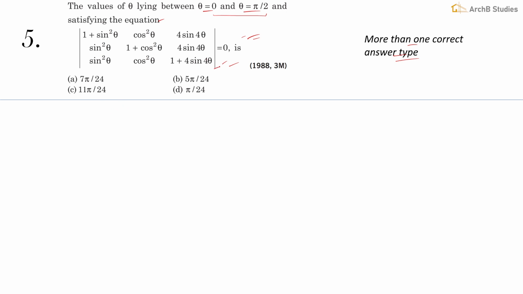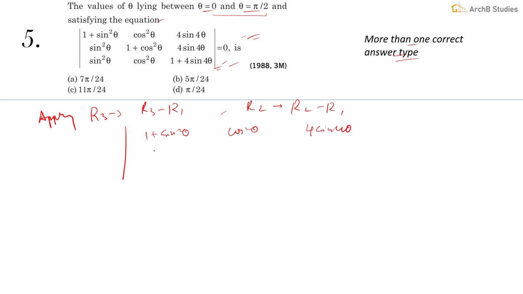So if we see this carefully, we need to simplify this. Okay, so applying r3 as r3 minus r1 and r2 as r2 minus r1, we will get 1 plus sine square theta, cos square theta and here 4 sine 4 theta.